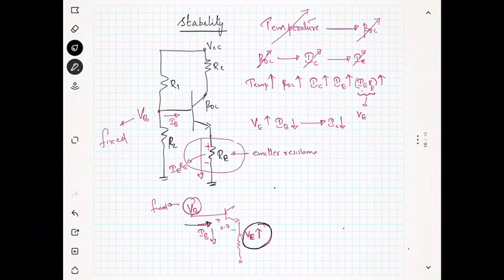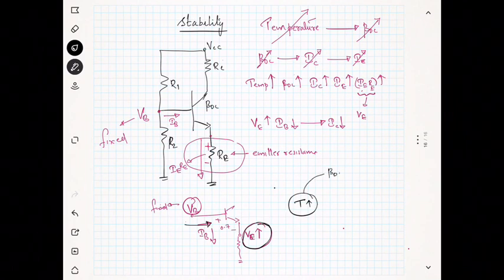So whenever there is a change in IC due to the beta, immediately it will come to almost the same point. So we can explain it in a good way. Let us assume that we have a temperature variation. Temperature increases, what will happen?